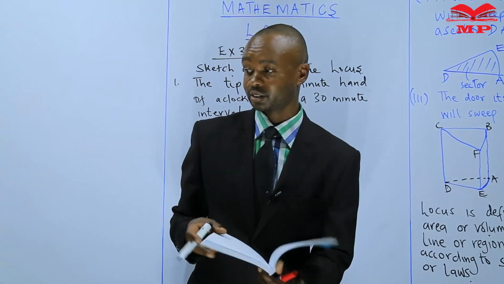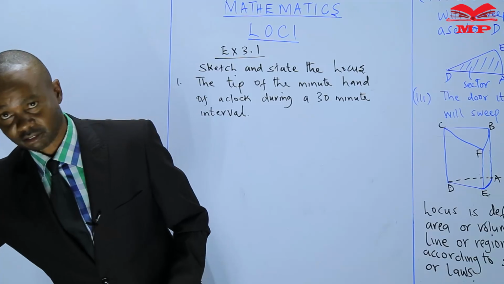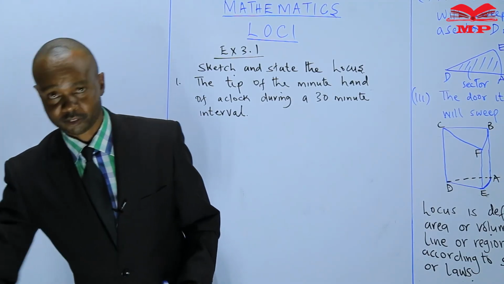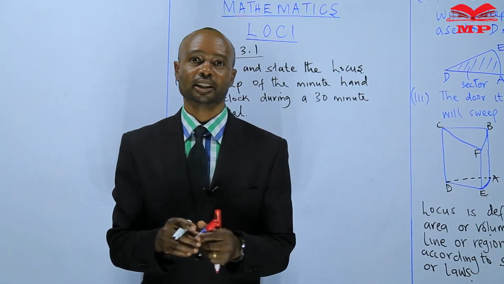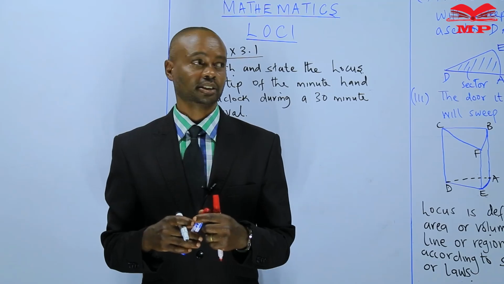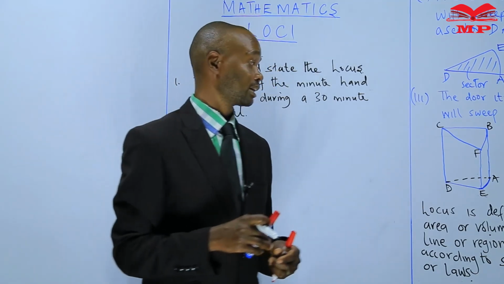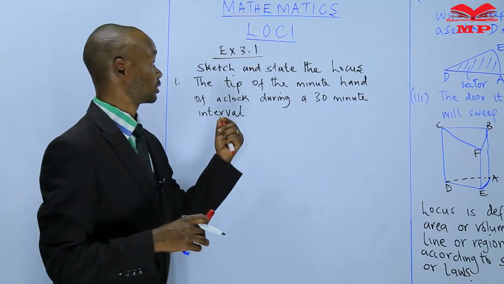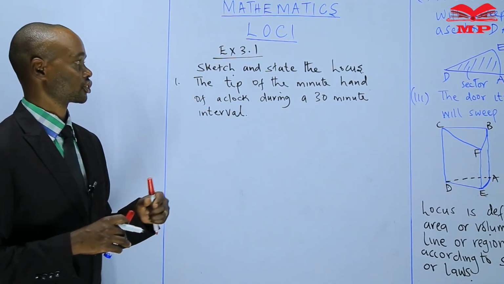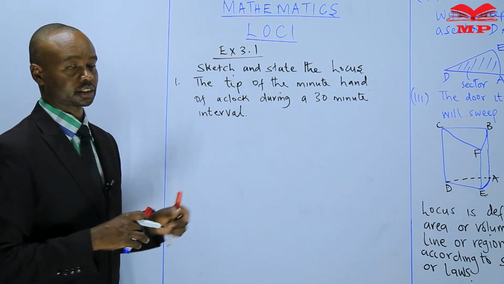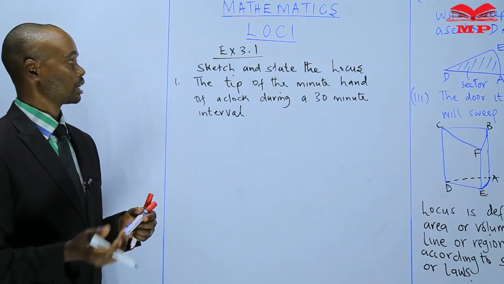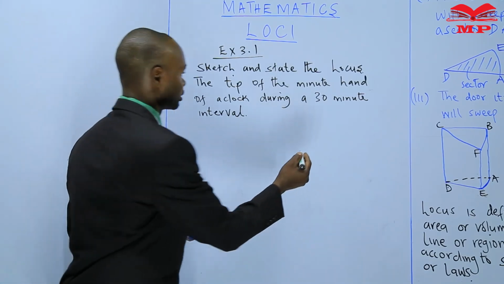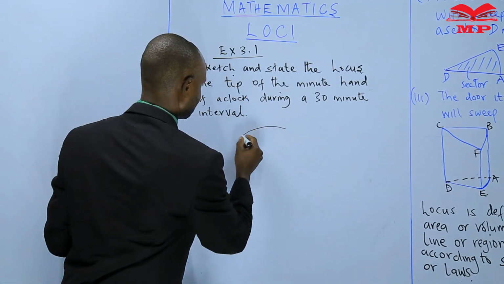During a 30-minute interval. So the conditions there are very clear, isn't it? From the definition of a locus, there is a law or something that is guiding us to get that. There is that 30-minute interval. So to do that, we have to sketch the clock face.